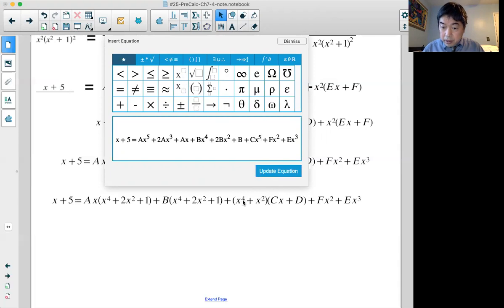Second one is d times x to the fourth power. Next one is x squared times c, so I'm sorry, cx, so cx to the third power. Plus, last one is d times x squared, so dx to the second power.